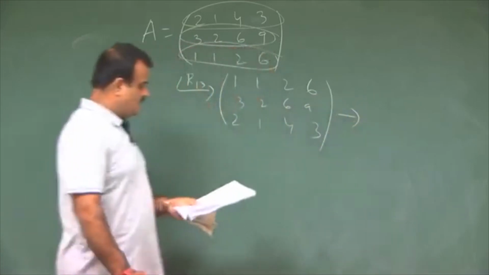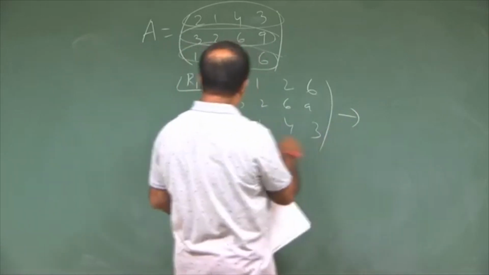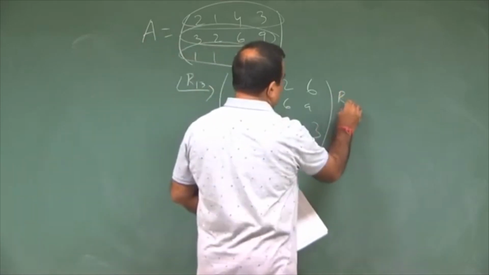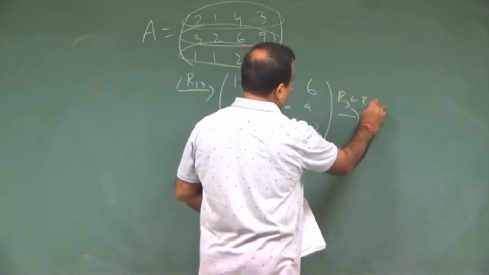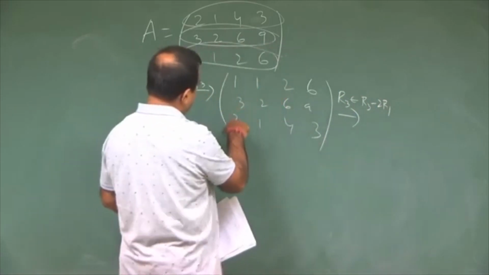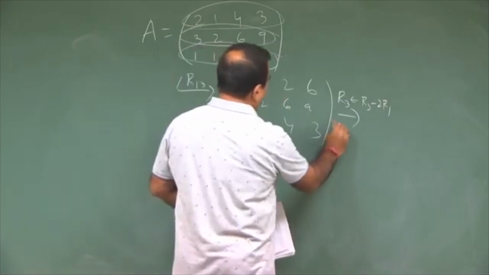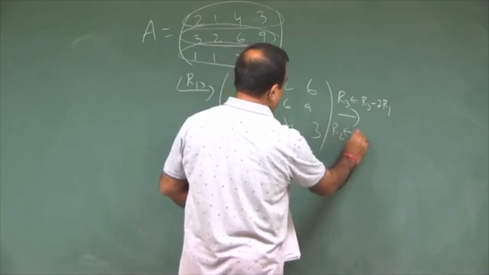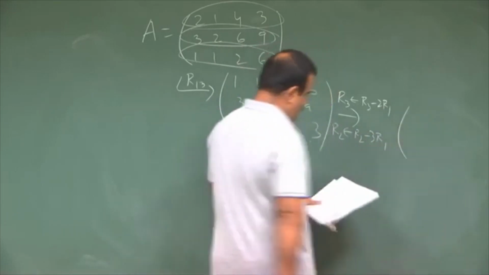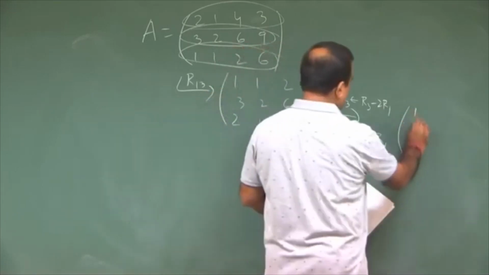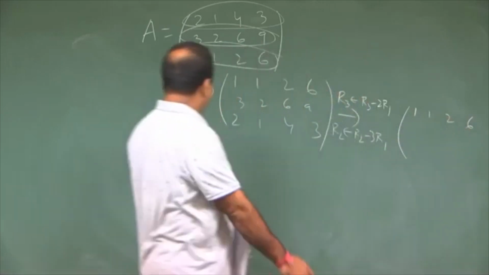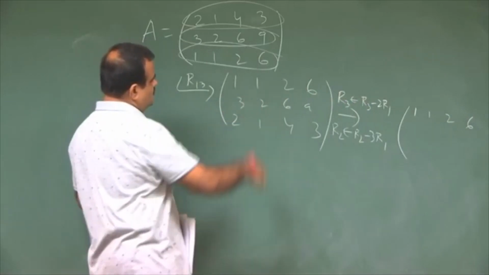Then we apply row operations: R 3 is replaced by R 3 minus 2 R 1, and R 2 is replaced by R 2 minus 3 R 1, because we want to make these entries 0. If we do so, our matrix will become like this. The first row will remain unchanged. For the second row, we multiply R 1 by 3 and subtract it from this.